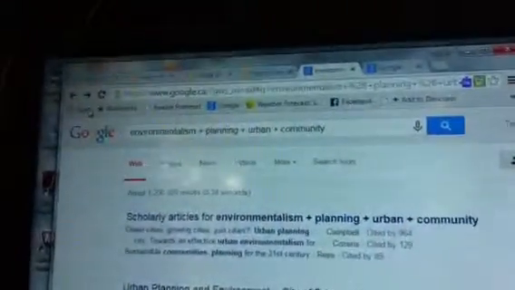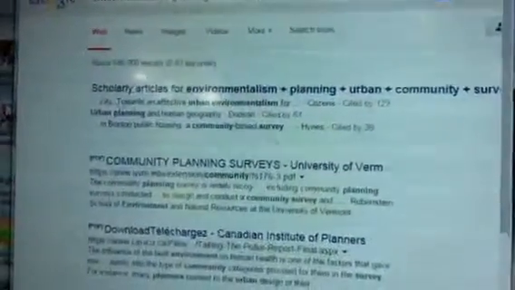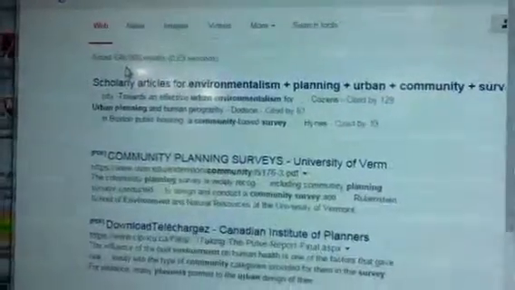Still we have 1.2 million results, but it's much more on the topic that they need to do. If we even further add more qualifiers by adding survey, then we'll see even fewer results.